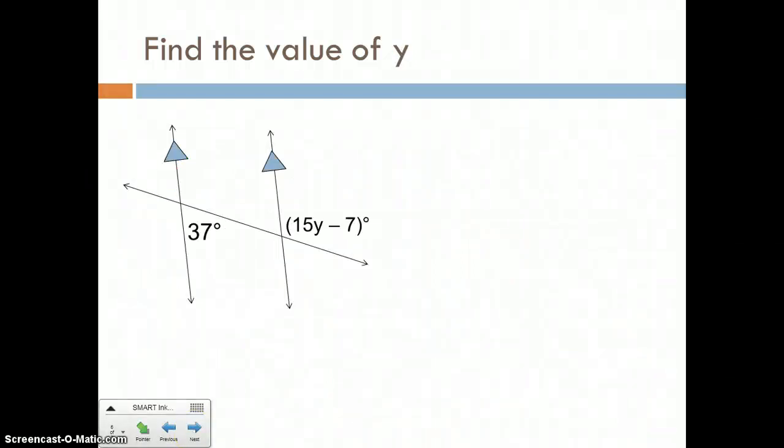All right, last example. We want to find the value of y. Now, the 37-degree angle and the 15y minus 7 are not one of our pairs of special angles that we've learned about so far. So we don't know right away whether they're going to be congruent or supplementary. So what we need to do is figure out another angle we do know.